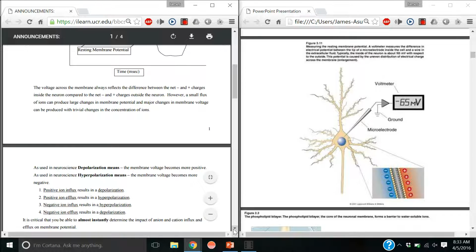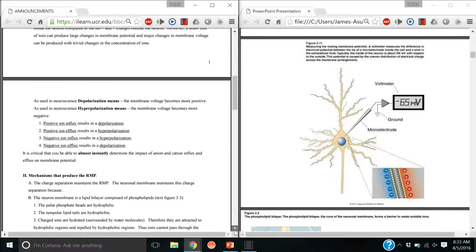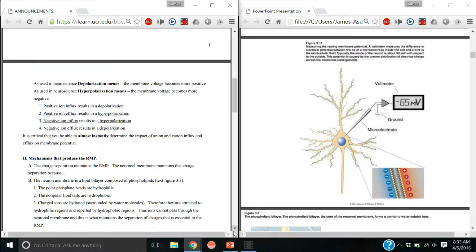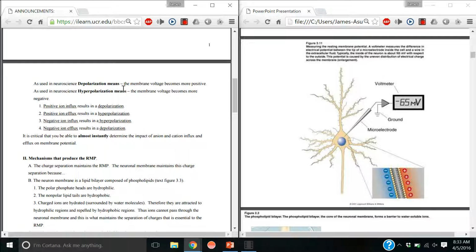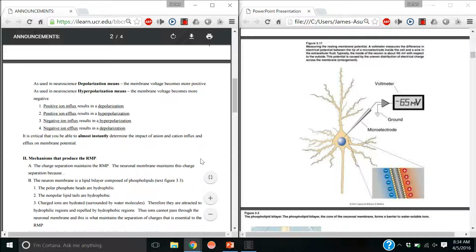So, depolarization means the membrane potential becomes more positive. Hyperpolarization means the membrane potential becomes more negative. As I already explained, if there is a positive ion influx, whether it's a physiological influx through ion channels or whether it's something induced, then the membrane potential becomes depolarized.